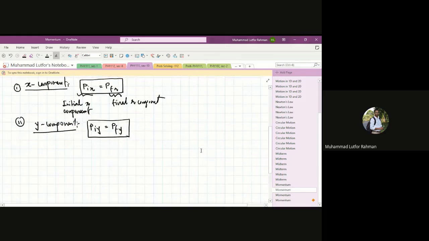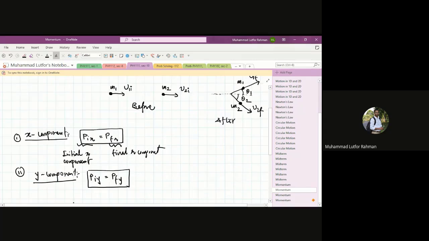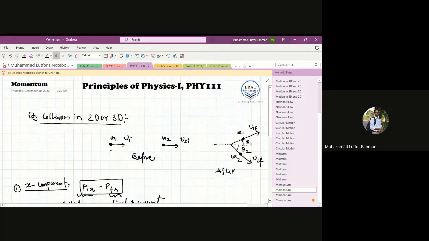For the first case, if I want to find the x component of momentum, I can write pix equal to pfx. We have two separate systems, M1 and M2.